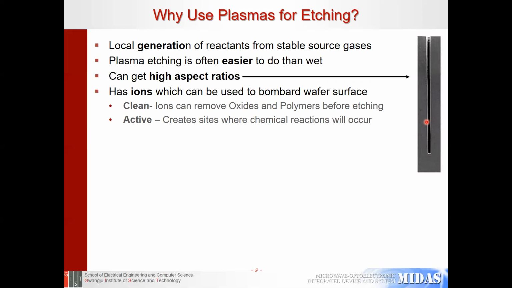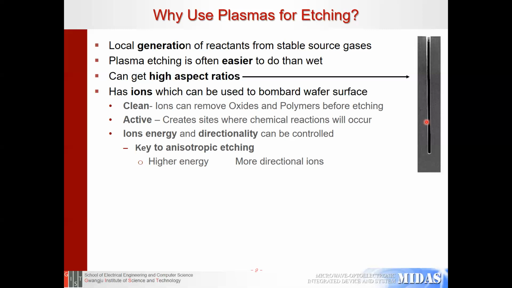For example, the radical could sit on the surface and do nothing, and the ions can come and break down the bonds and allow the reactions to proceed. Another good reason to have ions is that we can control the ion energy and the directionality. The ion energy and the directionality are the key for anisotropic etching. Higher energy means more directional ions and more anisotropic etching.